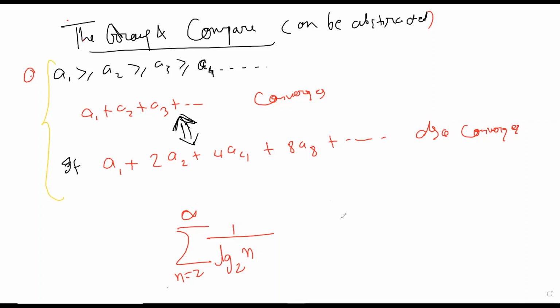No, the terms are decreasing, right? Because you start with log 2, log 3, log 4. Log 4 is obviously bigger, right? But this is 1 by that, right? Oh, sorry, I didn't write that down. Yeah, sorry. It obeys the above thing.